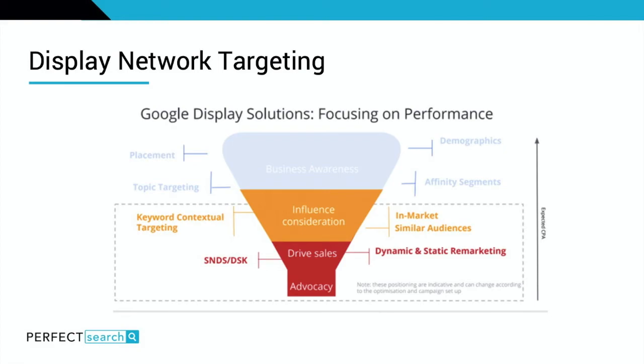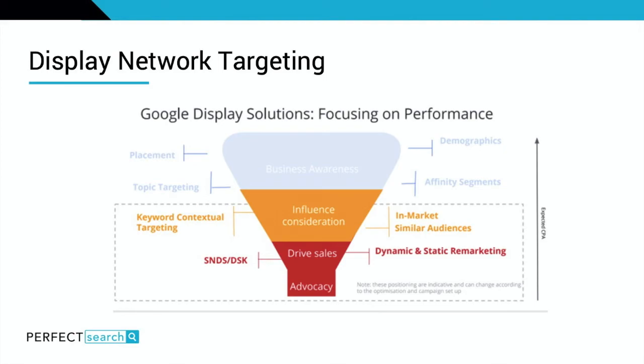And so finally, at the end, you'll see this drive sales and really advocacy part. So that is where we hit our retargeting, and that's where that final kind of push gets them, and then they just boom right over the hump, convert. So what's important to note here is that you can't get to the bottom of the funnel without having that top part.